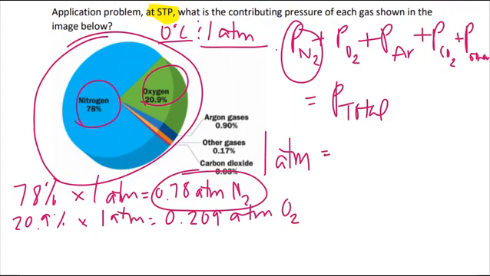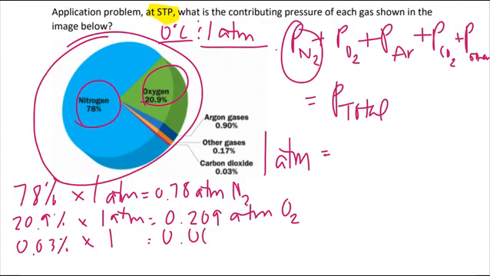And the same with my CO2: 0.03% times 1 gives us 0.0003 atm of CO2.